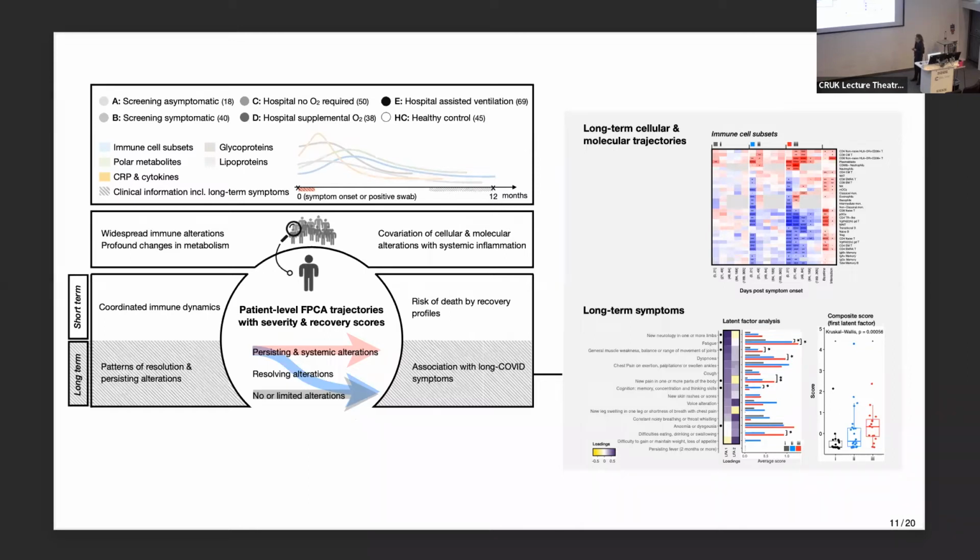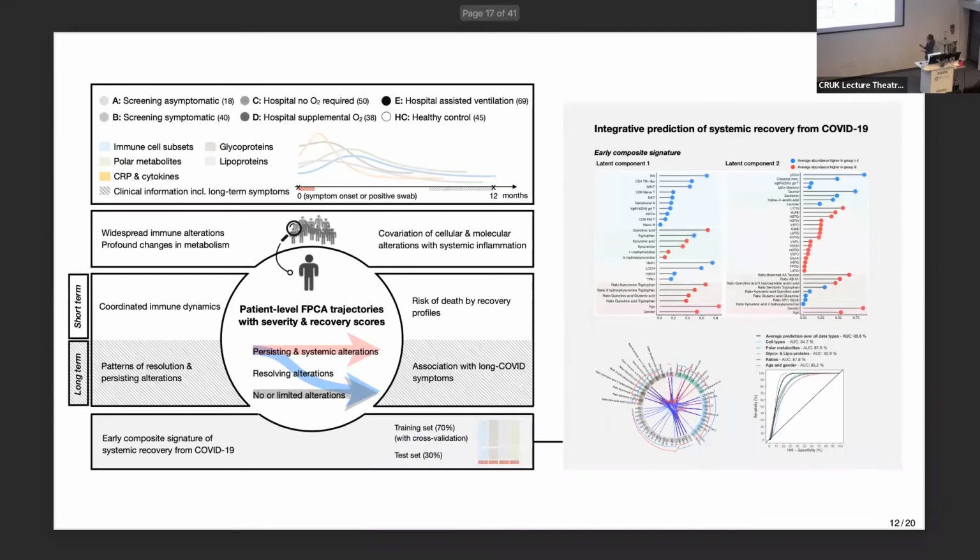Okay, so then we asked, can we leverage this and build a predictive model on biological parameters from samples that were collected very soon after symptom onset, to see if we could obtain an early signature of incomplete recovery? That would be very useful in terms of therapeutic recommendations, ideally and ultimately.